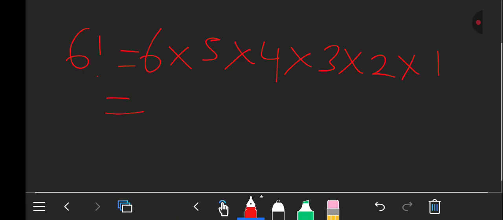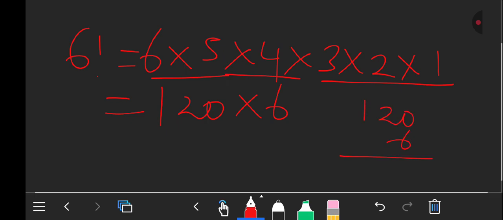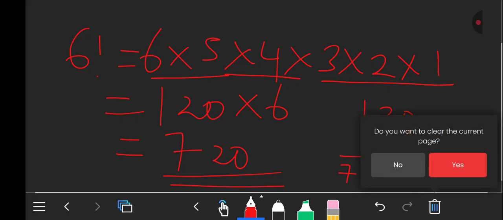So 6 times 5, we know that this is 30. 30 times 4 is 120. Then 2 times 3 times 1 is just 6. 120 times 6: 6 times 0 is 0, 6 times 2 is 12, write 2 carry 1, 6 times 1 is 6 plus 1, 7. So the answer we are getting is 720. So that is 6 factorial.